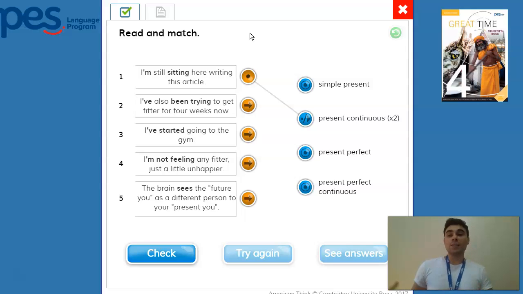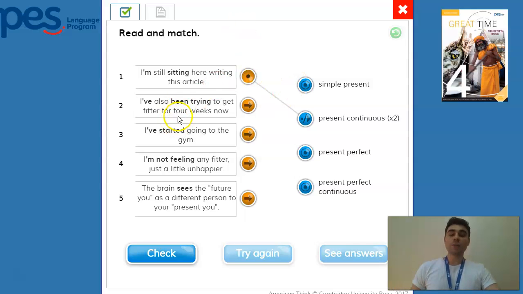So it means that a few moments before she wrote the sentence, she sat in a place, maybe on the sofa or on a chair, and she says that this action started before, but it's still going on, right? That's why she says that she is still sitting and not I am sat, right?